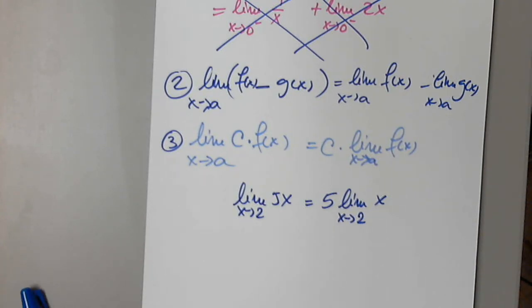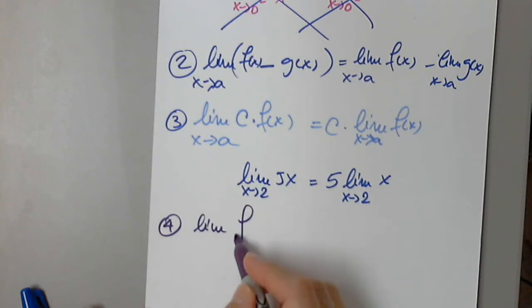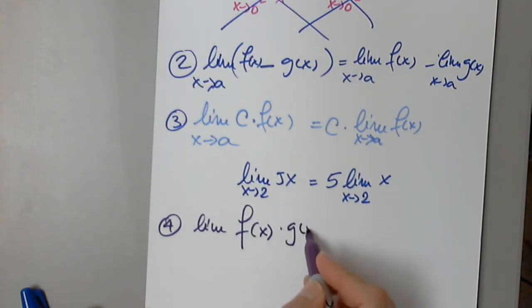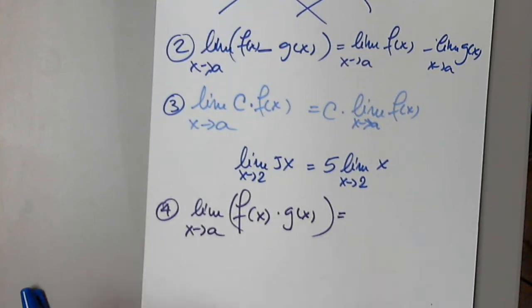Okay. Number 4. Limit of f of x times g of x as x approaches a from either side. A wild guess. No, we're not distributing, because it's not the distributive law or anything like that.